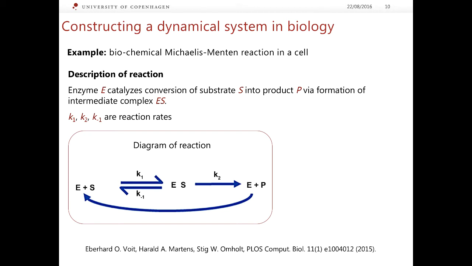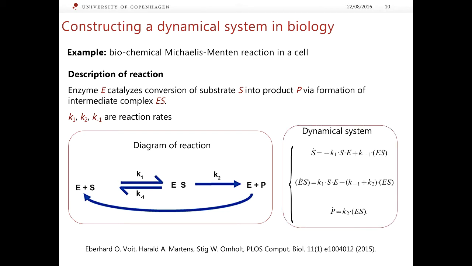Well, this diagram simply illustrates what is happening inside this reaction and what the rates of this reaction are at various stages. If we apply the law of mass action, we can convert this law into the following dynamical system consisting of 3 first-order ordinary differential equations for the 3 substances involved.